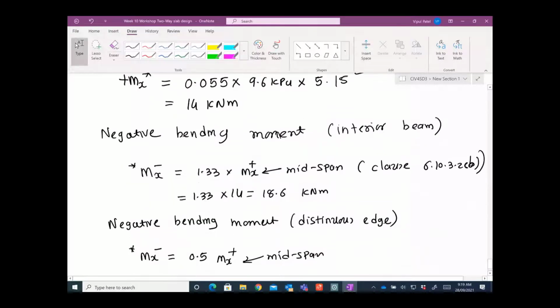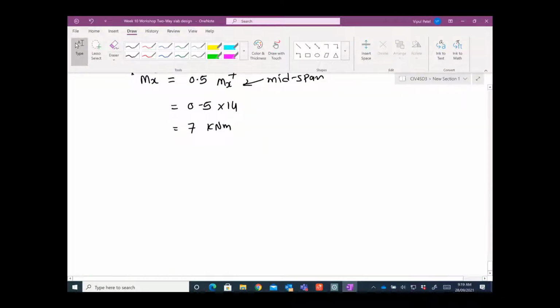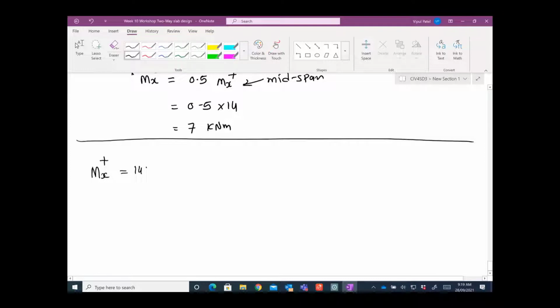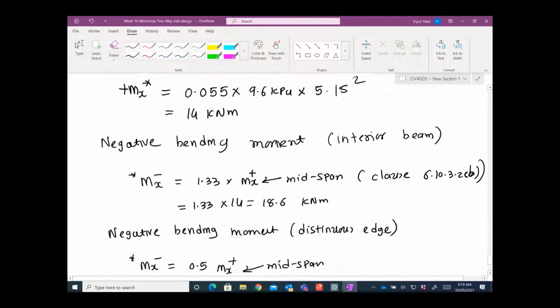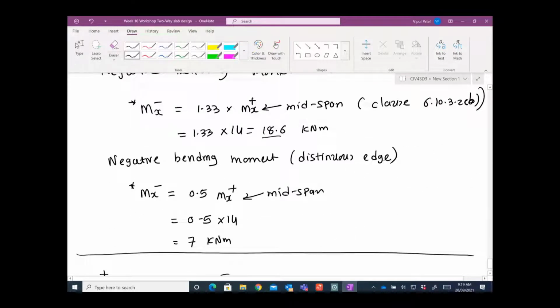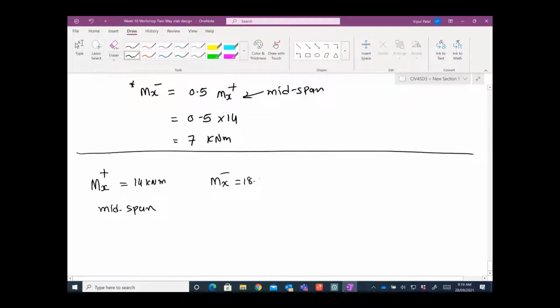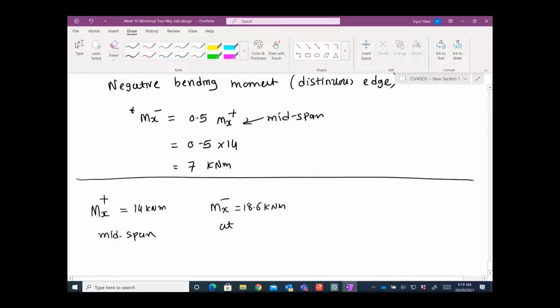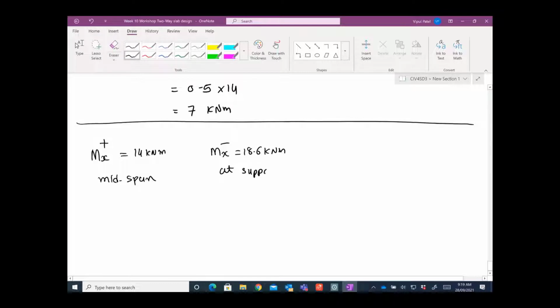So we have these positive bending moment, negative bending moments. So we have three bending moments. Positive bending moment, 14 kilonewton meters at mid span. MX negative at support, which is how much was it? 18.6 kilonewton meters at the support, at the continuous edge.